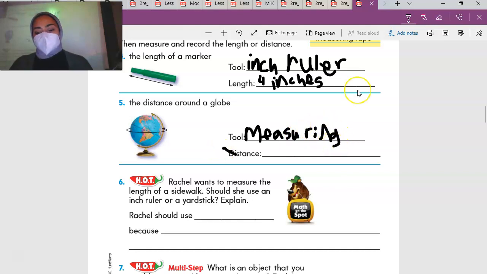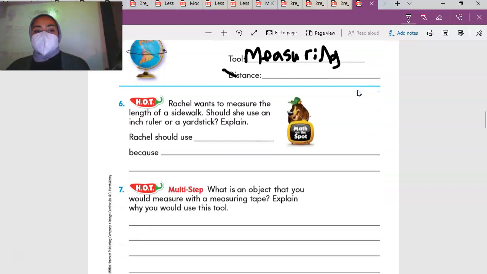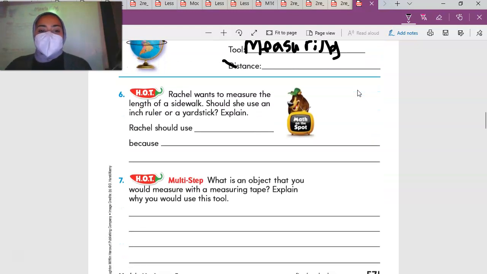All right, moving on. What is an object that you would measure with a measuring tape? What's something we would use a measuring tape for? A globe. Very good. Maybe a globe or anything that's a sphere or a cylinder. Anything that's round, right? So let's write that down.